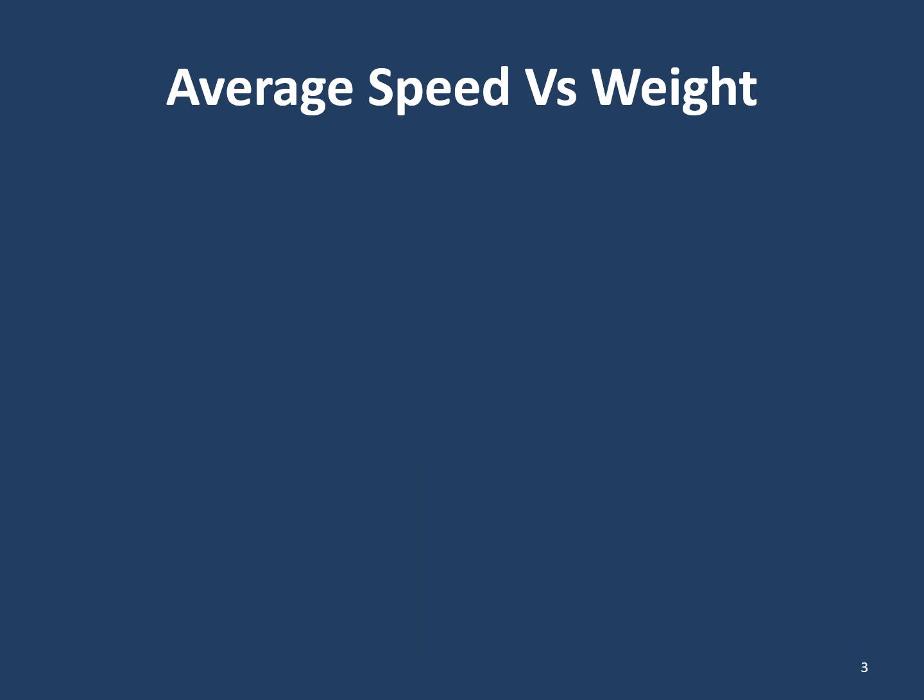So let's look at average speed versus weight. One of the things I like to use here as an analogy is that I was a track athlete in high school and a little bit in college. I always like to think of the differences between a shot putter and a sprinter.